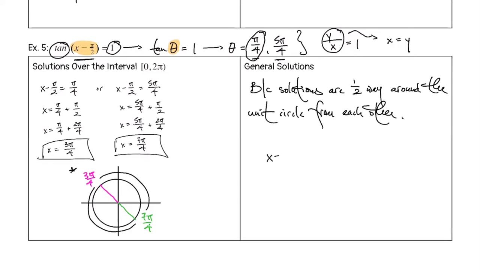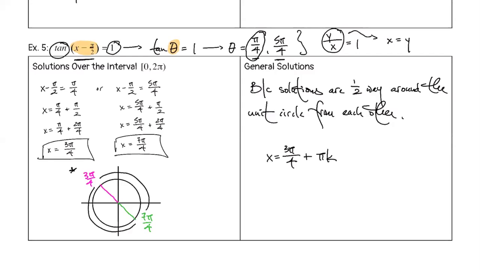We can say x equals 3 pi over 4 plus, instead of 2 pi k, we say pi k. The pi k means we're going to stop every half rotation around the circle.